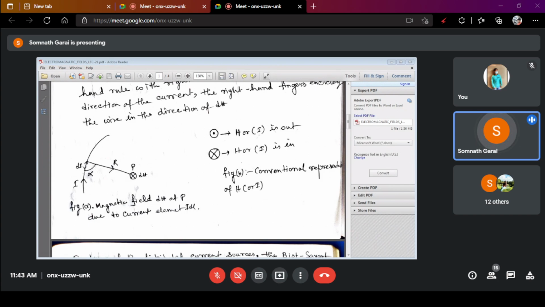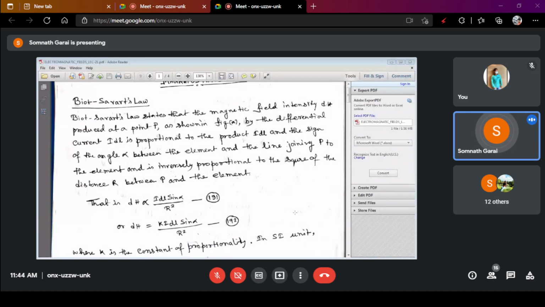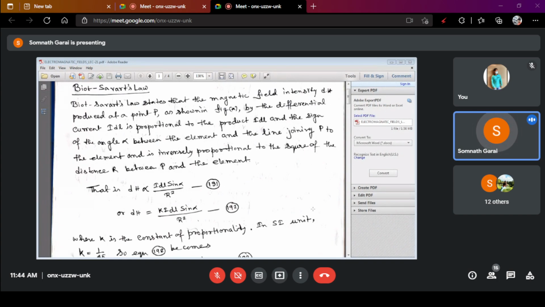So the magnetic field intensity is proportional to the product of the differential current I dL with the sine of angle alpha between the element and the line joining to the field point.